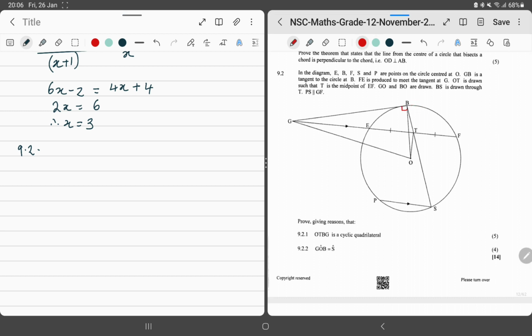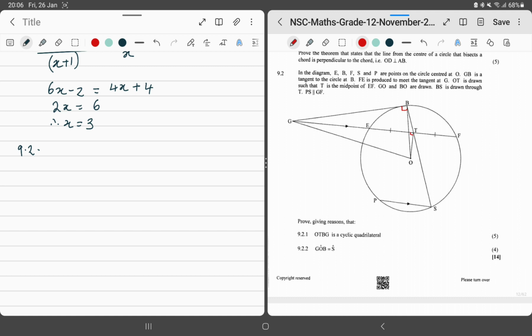This angle here is equal to 90 degrees, and that is because OB is perpendicular to BG, radius perpendicular to the tangent. And then OT is a line that is drawn from the center to the midpoint of chord EF. This angle right here should be equal to 90 degrees.